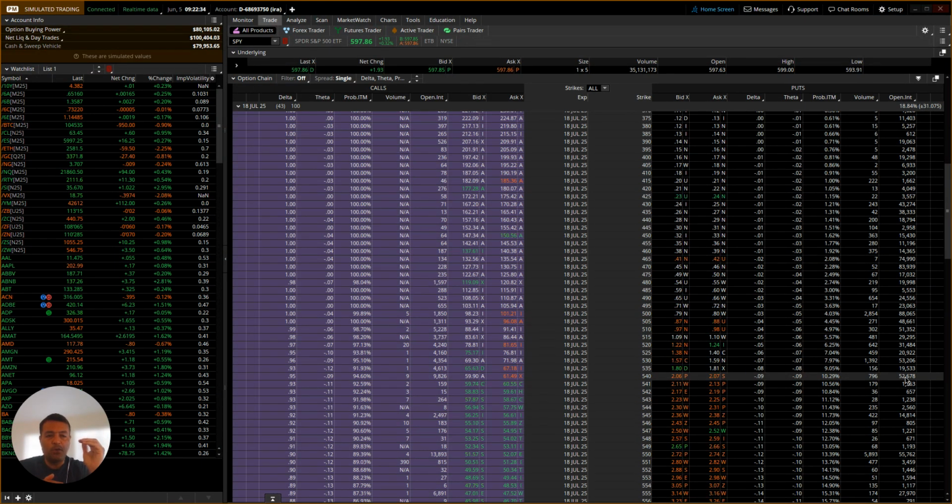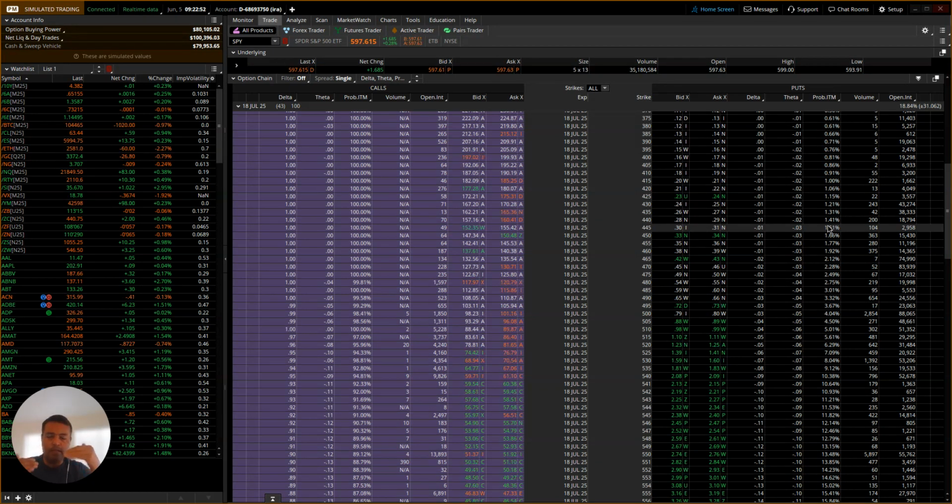What I mean by put skew is because people buy a lot of protection, look at these open interest, they end up bidding up the price of the put. And therefore the put side is more expensive, which means for sellers like us, option sellers, we get juicier premium selling the put versus selling the call, which is equidistant from the at the money strike. That's the whole idea about the skew.